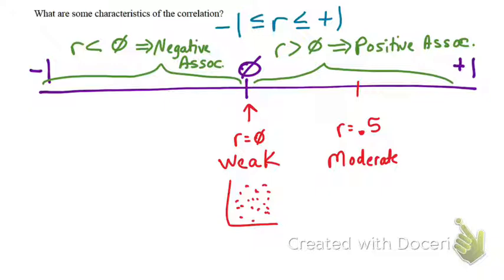But generally speaking, once we get to about 0.8, that's about where people start saying that it's a strong association. When you start seeing pictures of correlations and their values, you'll start to see why. And we're going to do a lot of that today. What if I have a correlation of exactly 1?